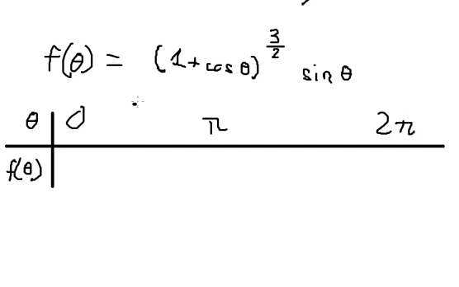So I will choose π over 4. So I will put π over 4 going here and here. And we have 1.6. This is a positive number. So we have the positive side in here. At π, you get 0. So I will choose 3π over 4.